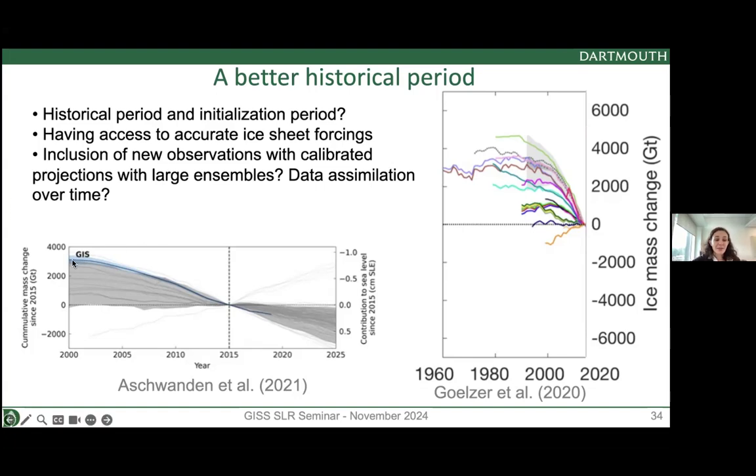But here we have in blue the mass loss estimated by IMBIE with a consensus of several different observations, as well as in light blue, the uncertainty around this estimated mass loss from the Greenland ice sheet.